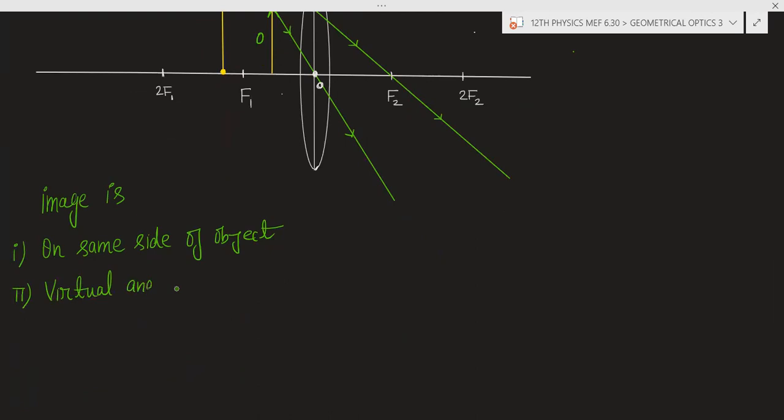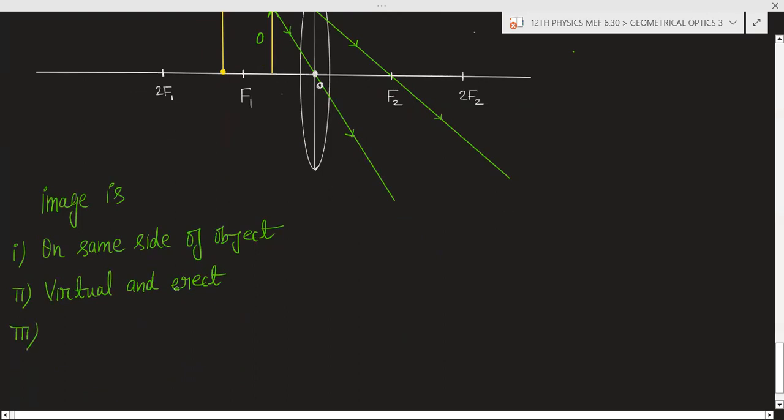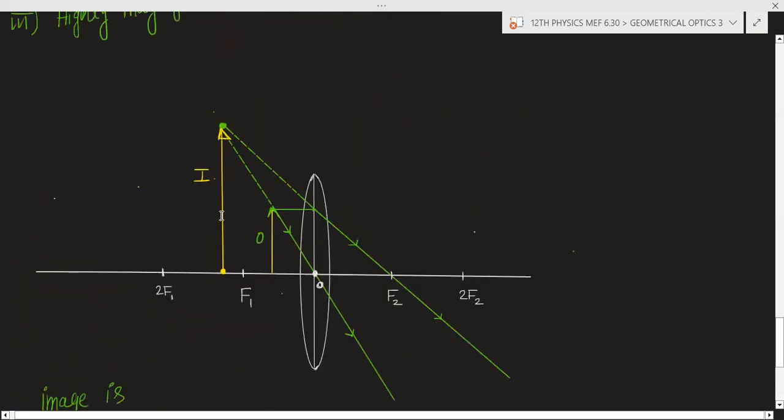Virtual and erect. Number three, what about the size of the image? The size of the image is greater than the size of the object.